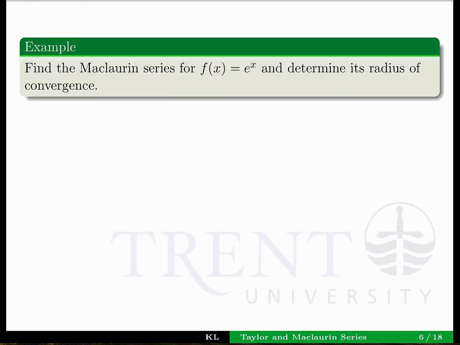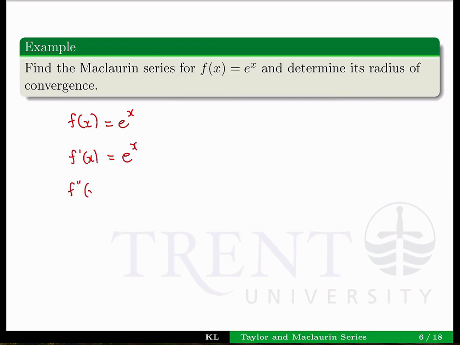So, first, find the Maclaurin series for the function e to the x and determine its radius of convergence. We know that e to the x is differentiable infinitely many times because if you start with e to the x, the derivative of e to the x is itself.